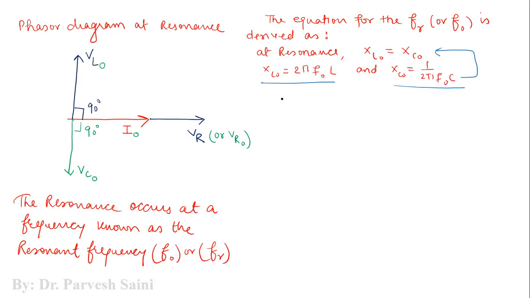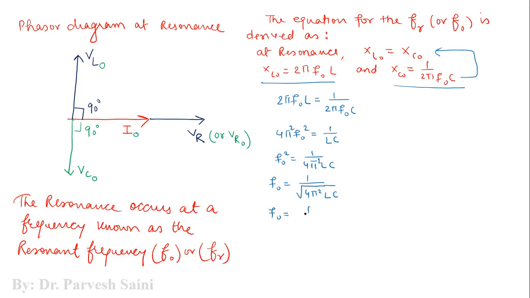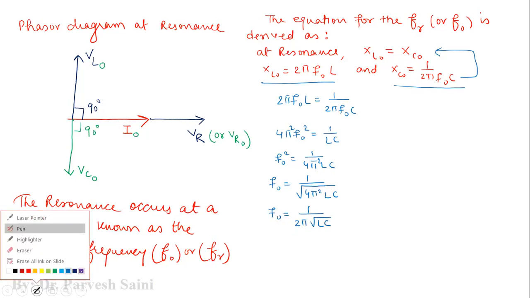So we have 2 pi F naught L is equal to 1 upon 2 pi F naught C. If you rearrange, you will get 4 pi squared F naught squared is equal to 1 upon LC. So F naught squared is equal to 1 upon 4 pi squared LC, so F naught is equal to 1 upon 2 pi under root LC. This is the equation for resonant frequency.